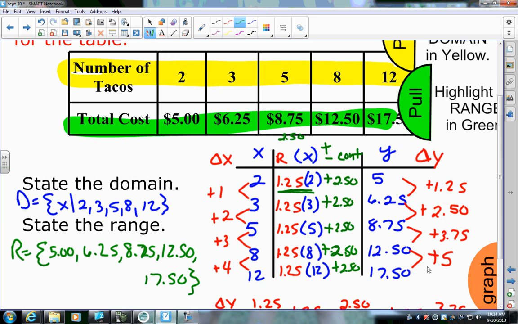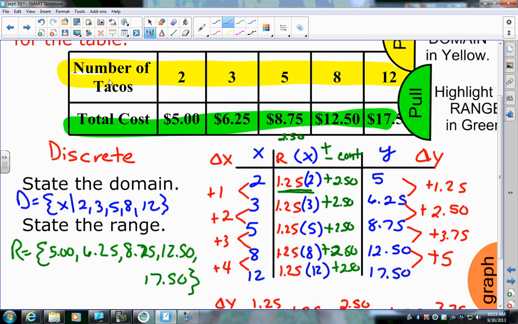This data is what? Well, it is linear. Delta y over delta x is the same, but so was the other one. The thing I'm talking about is, is this data discrete or continuous? It should be discrete, because can you go to Taco Bell and say I want half of a taco?